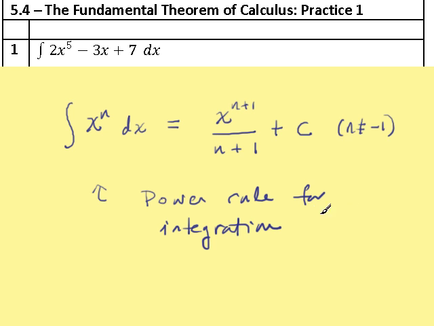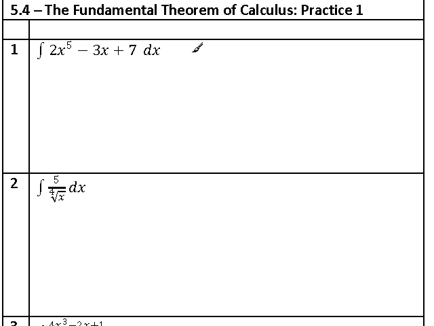Okay, so let's apply that to number 1. In number 1, we're going to integrate term by term. All right, starting with the first term. So we have 2, and here we're going to apply the power rule right here to x to the 5th. We add 1 to the exponent, divide by the new exponent. And now apply to the second term.